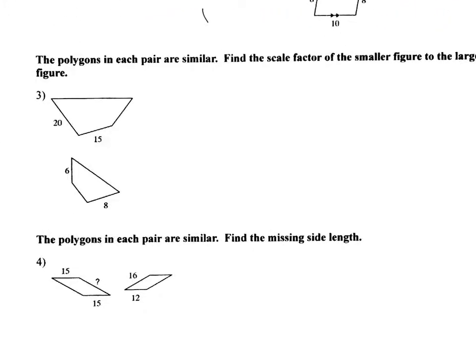The next one says the polygons in each pair are similar. Find the scale factor. So you've got to look at how the figures line up, but another way to do this is just remember this: small has to go with small, big with big. Now, again, you've got to be careful here about the pictures.